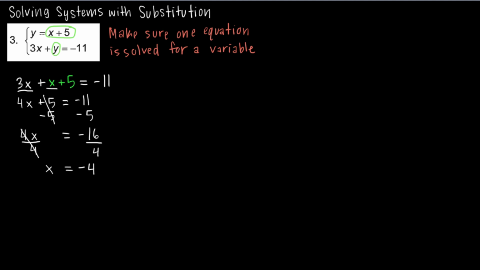Now that we know what x equals, we're going to go back and plug in that value into the top equation. We know x equals negative 4. So our top equation was y equals x plus 5. So now I'm going to replace x with negative 4.